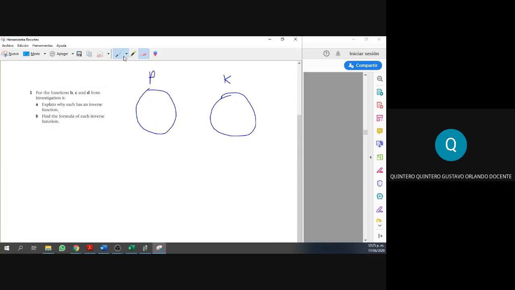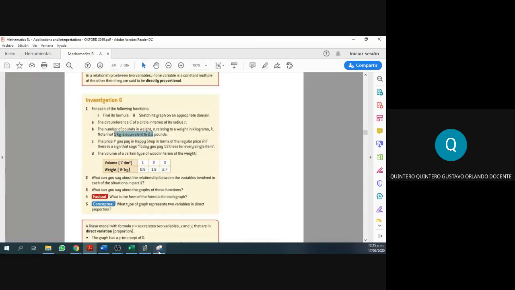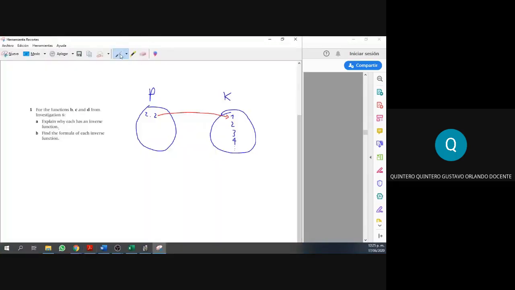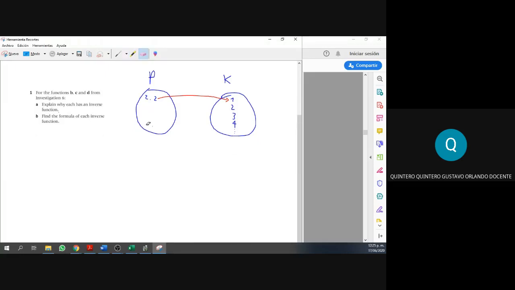I'm doing it wrong. 1, 2, 3, 4, there, right? So 2.2 pounds are 1 kilogram, right? P is related to kilograms, yes. Did you see? Now, the second one: 4.4 pounds are 2 kilograms, right?